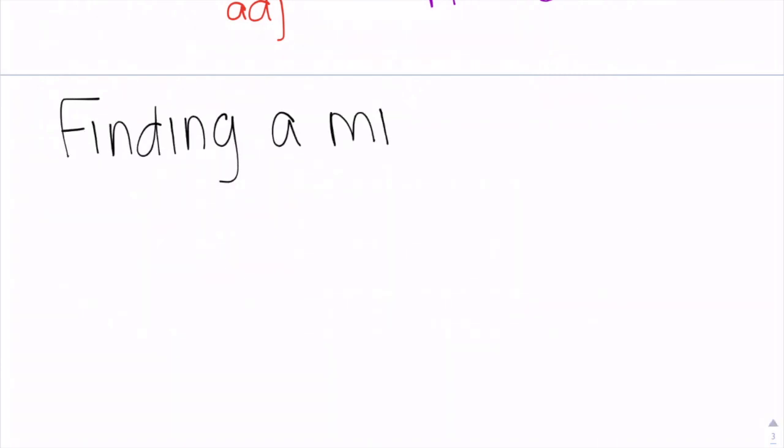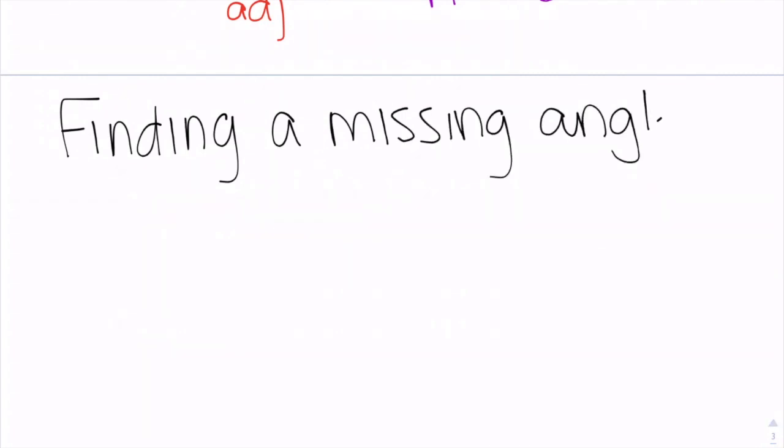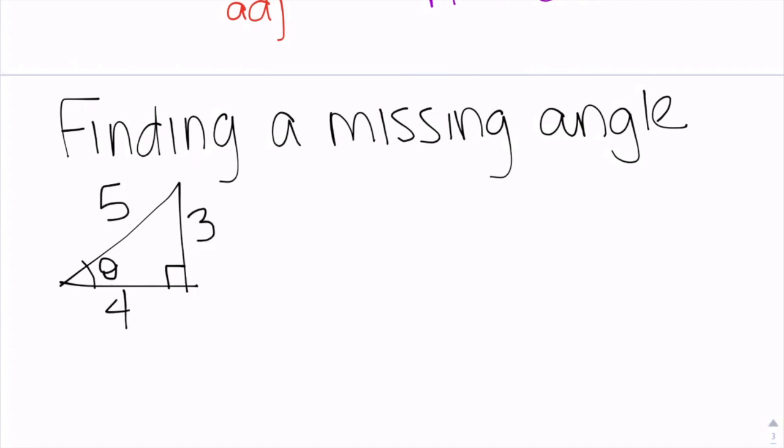So lastly, we're going to look at finding a missing angle. And so if we have theta there, and this is 4, this is 3, and this is 5, we want to try to find that missing angle.